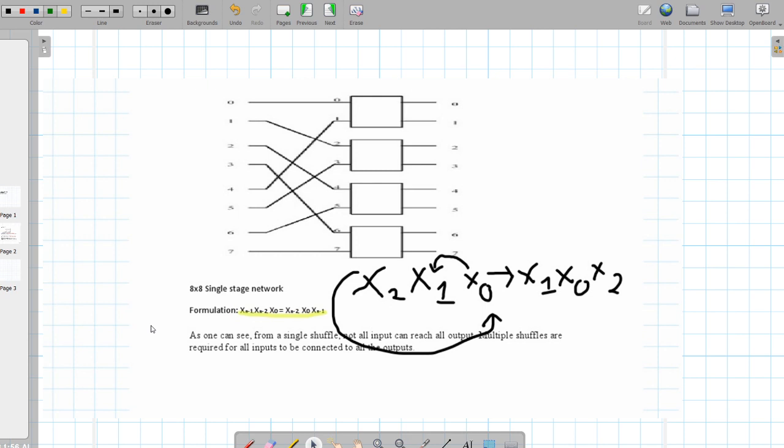Now, what is this xn minus 1 up to x0? This is basically the binary representation of your processor address. Now, if you look into this diagram, you have 8 processors in your multiprocessor architecture, and the addresses of the processors are 0 to 7.